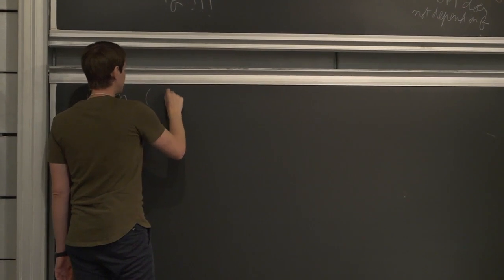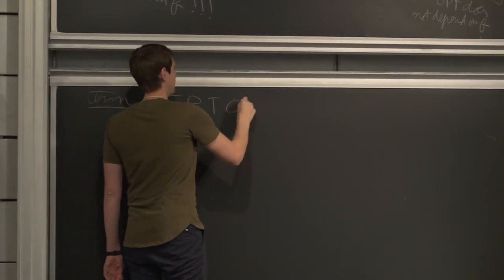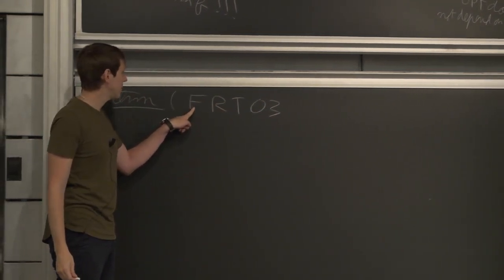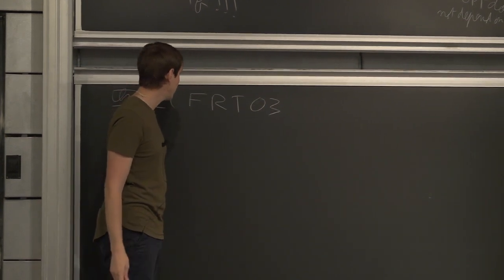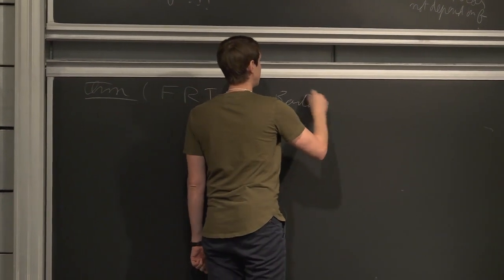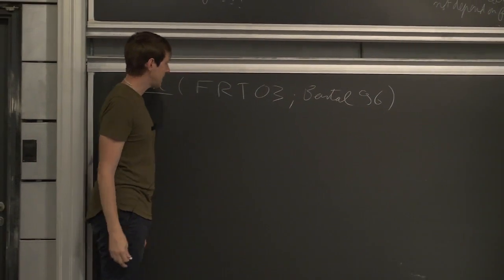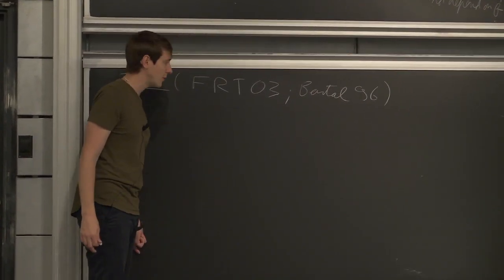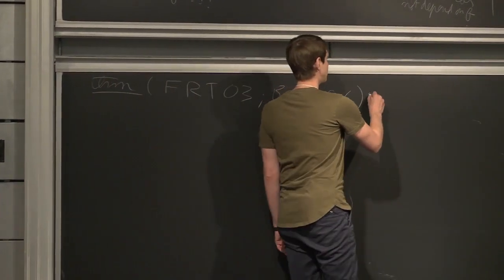In the literature it goes by the name FRT, for Fakcharoenphol, Rao, and Talwar, following some work by Yair Bartal from '96. They improved a log n factor over that, and the proof that we're going to see is due to Mendel and Naor, and a variant of James Lee. I will explain all of those things, but the theorem goes like this.